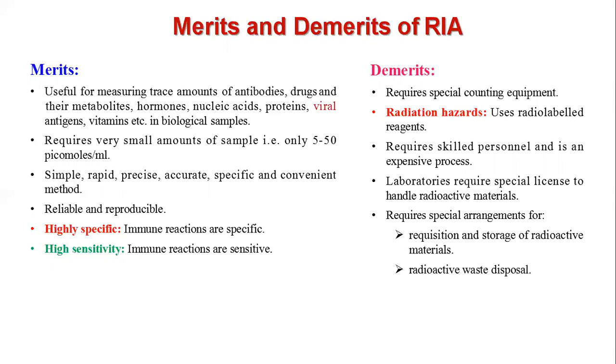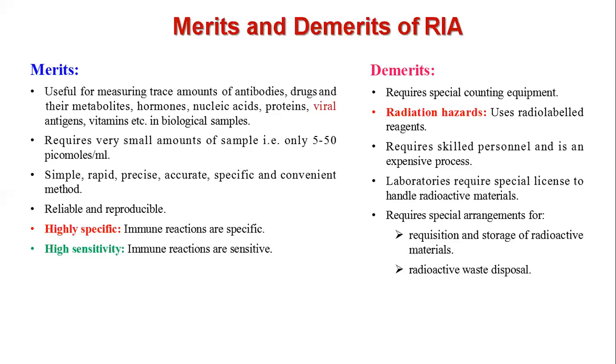Although it has versatile use and is highly specific and sensitive, it still has some demerits. The first thing is that we need sophisticated instruments like the GM counter and scintillation counter. These are very costly instruments. And the second thing, which is more important, is the radiation hazard.